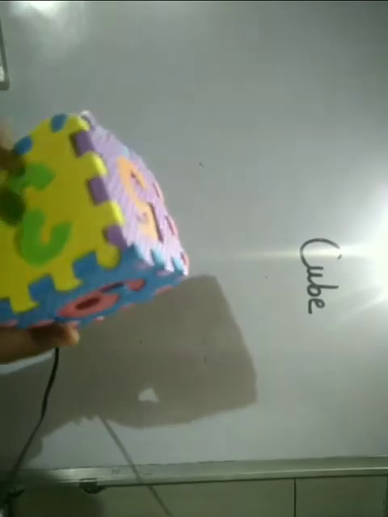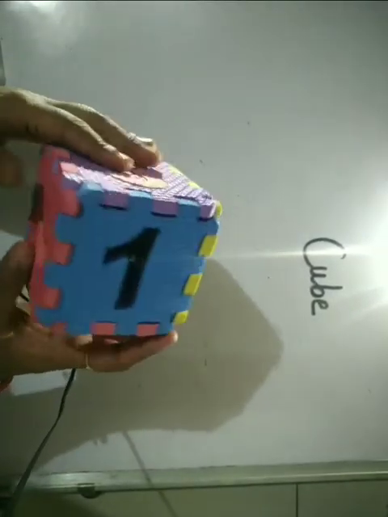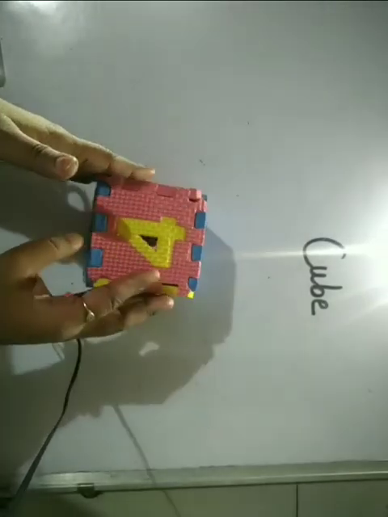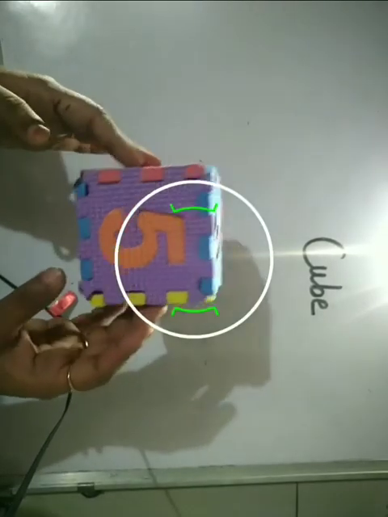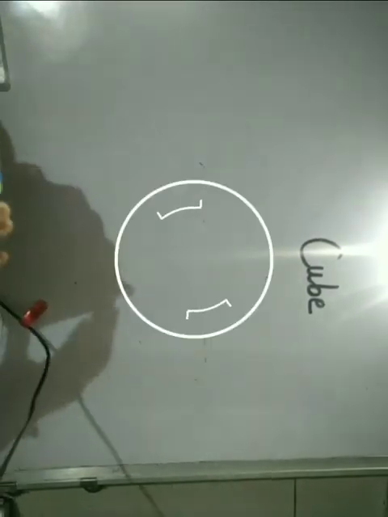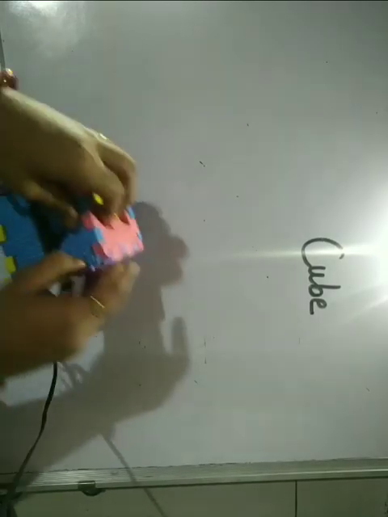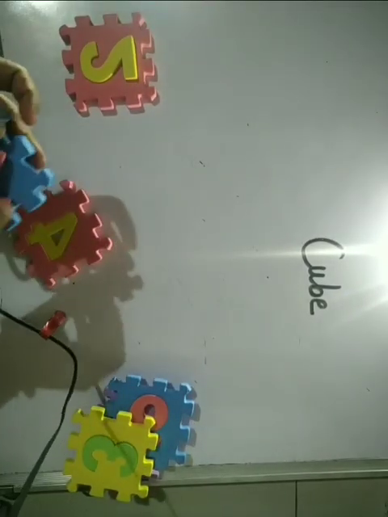So, students, as you can see here, there are some surfaces, and I have joined all the surfaces and I have made this cubic shape. Let me first disassemble it, then I'll join it and I'll show you how these surfaces make a cubic shape.